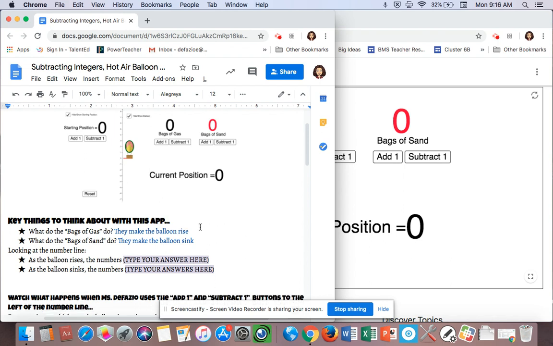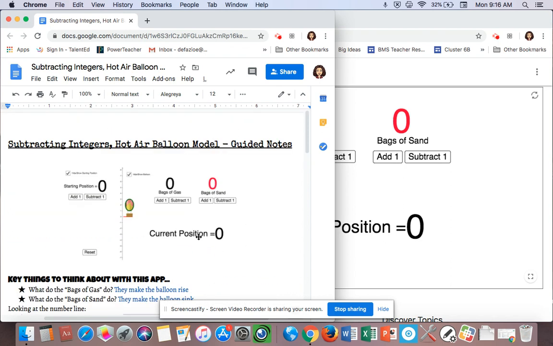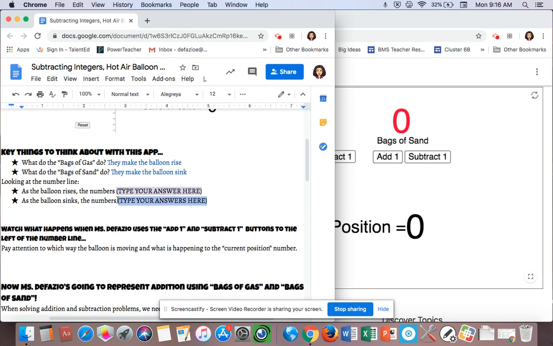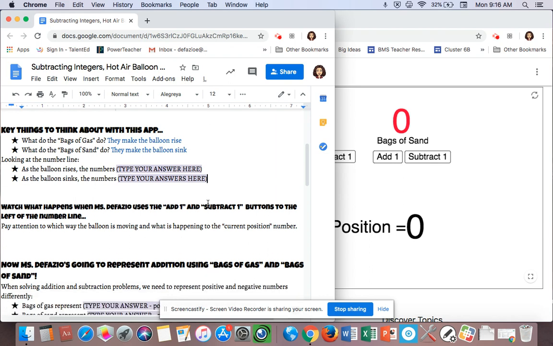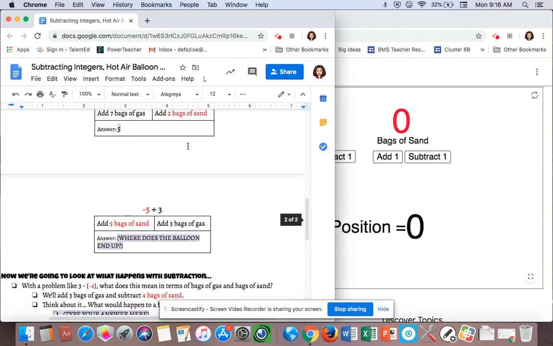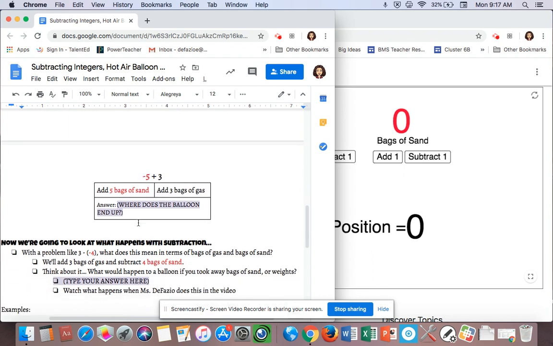Before I start actually doing examples, I just want to scroll through the guided notes because you're going to notice there's a lot of spaces like this that are highlighted in light purple. Here it says type your answers here, type your answer here. There's a 5. Where does the balloon end up?